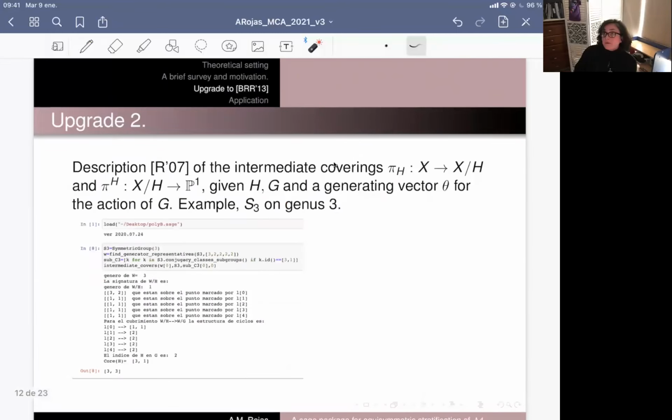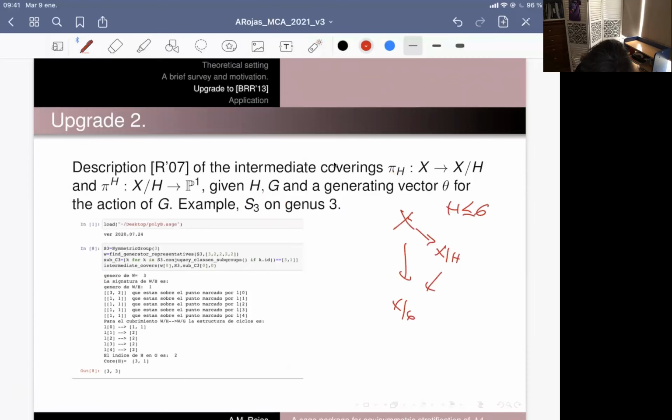The second upgrade is the description of the intermediate coverings, because when we have this subgroup, here we have, of course, the total covering, but then we can have these intermediate coverings.